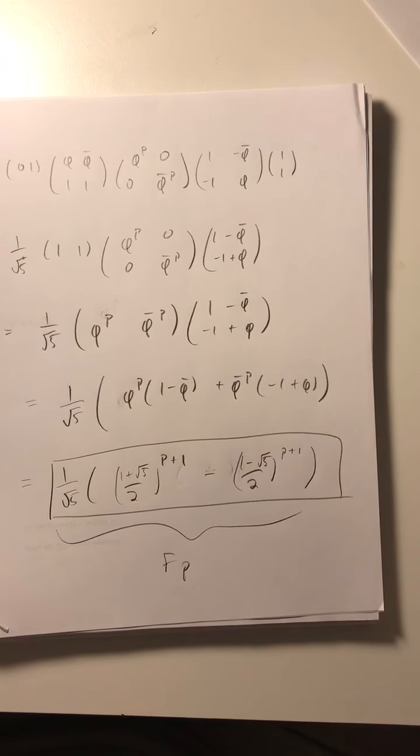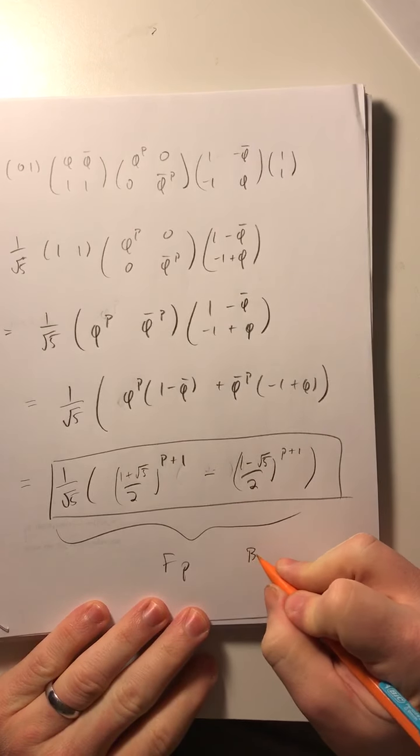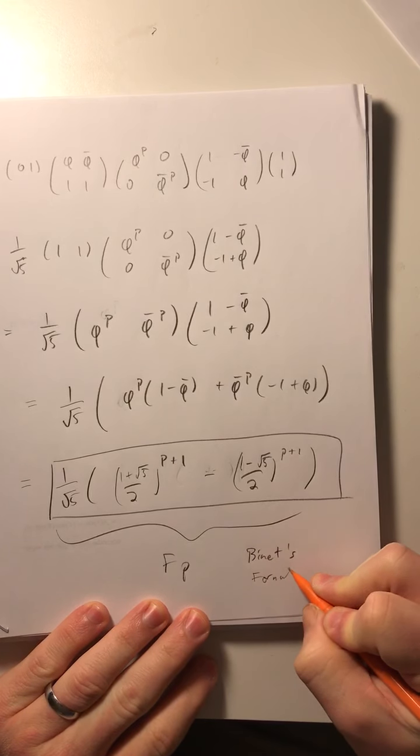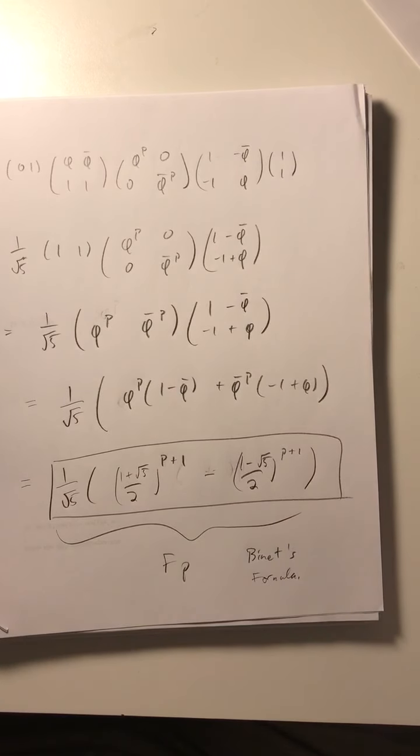The formula for the Pth Fibonacci number, and here I don't have to compute any other previous Fibonacci numbers. Okay. This is called, I believe, Binet's formula. To me, this is a beautiful application of linear algebra.